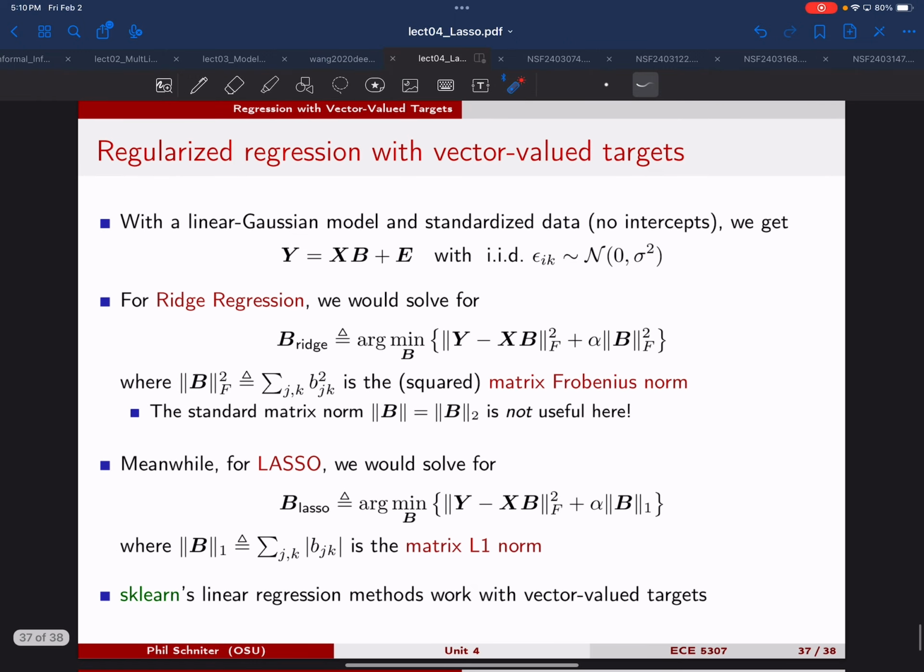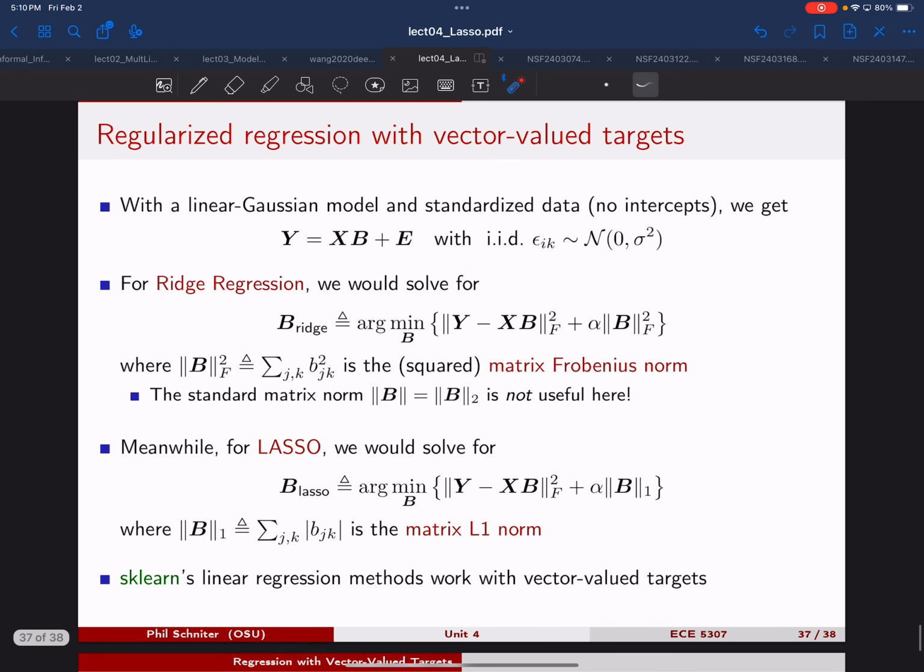The only last thing to talk about is really notational. So this is the new model in terms of matrix Y, matrix noise. Here we're going to assume that all the different epsilons in here are independent, zero mean, sigma squared, Gaussian.